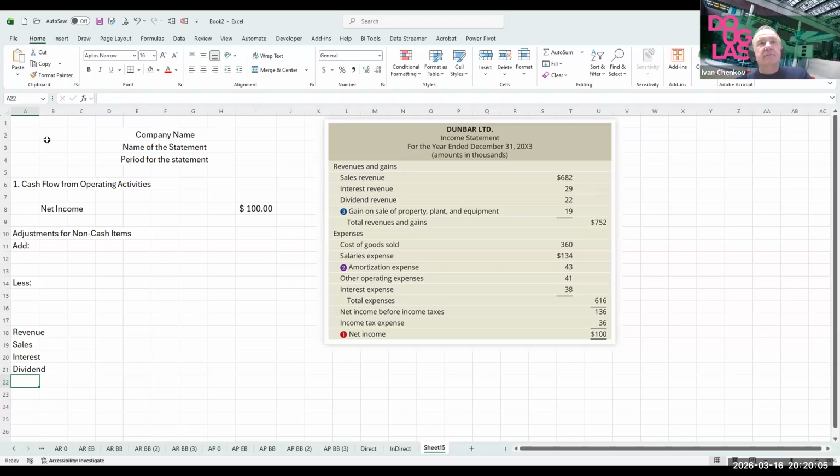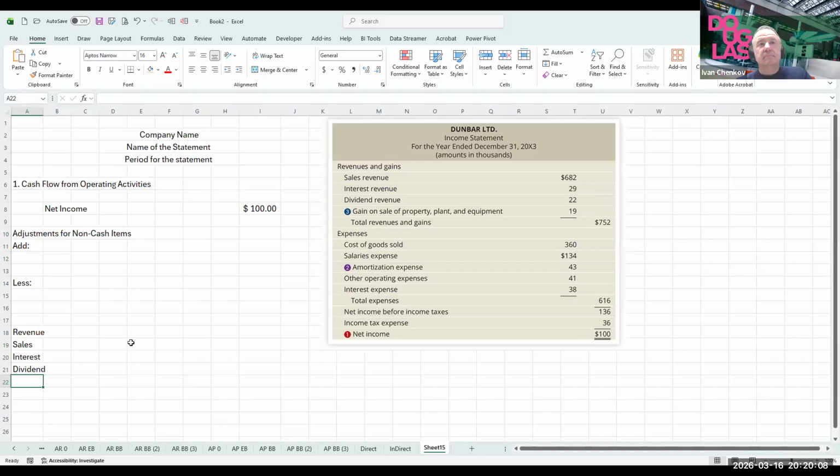Those are our sources of revenue, correct? Here we have 682, then 29, then 22, and then the gain on sale, which is 90. All combined, that gives me my revenue for the period, 752.